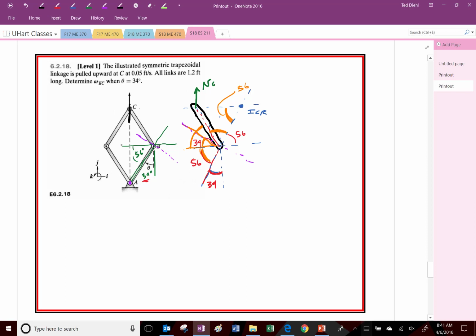I think I have to go back to this guy right here. This has to be 56 and this has to be 56 because they're symmetric, because these are the same lengths right here.